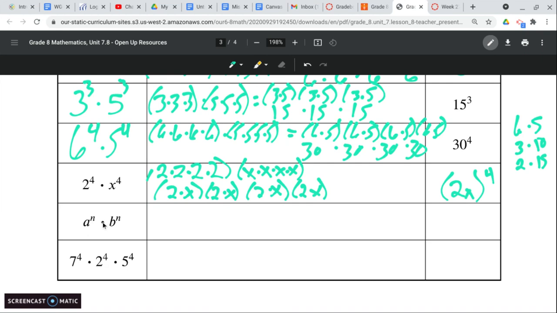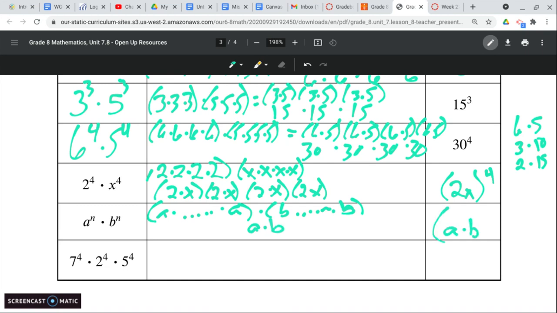All right, a to the n times b to the n. Now, n is an unknown number, so we'd have a times dot, dot, dot, as many a's as we can think of, an infinite number of them, times b dot, dot, dot, once again, an infinite number of b's. And so we'd have a times b to an infinite number.